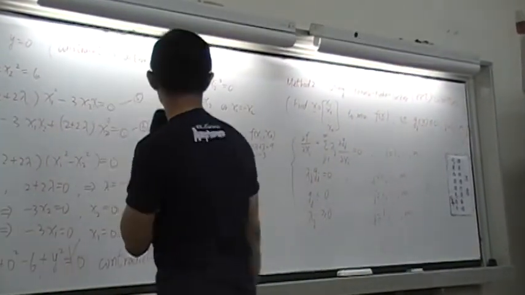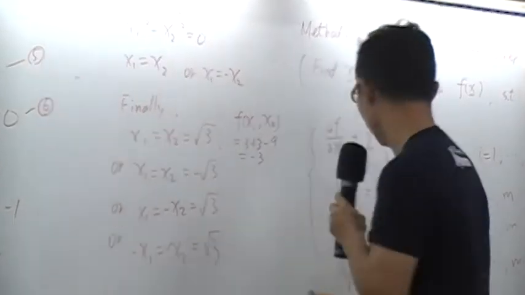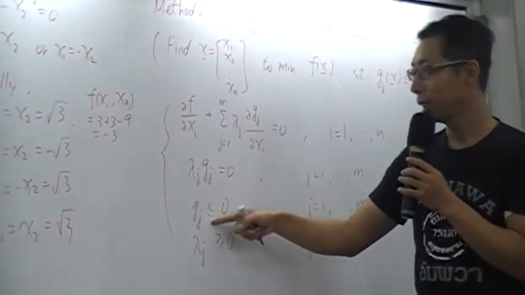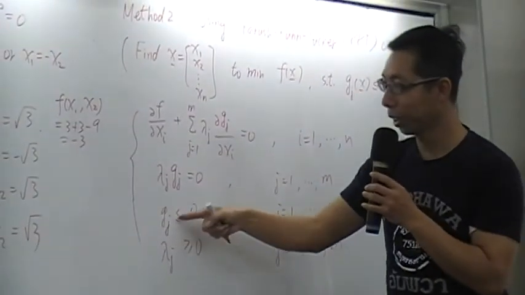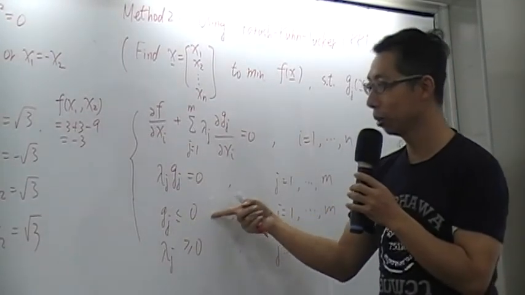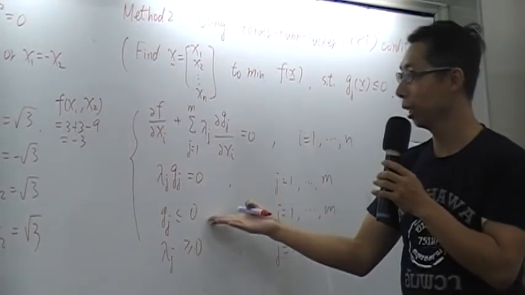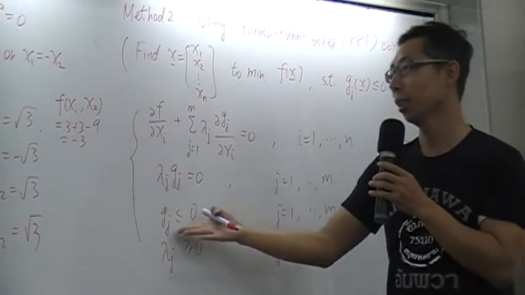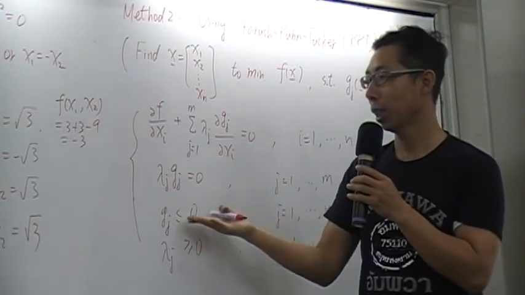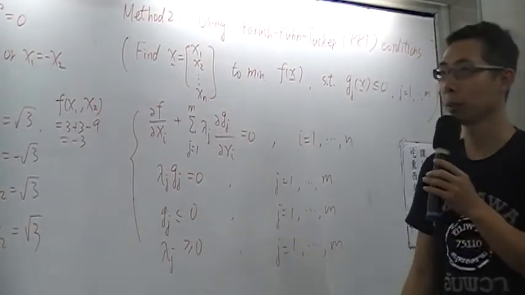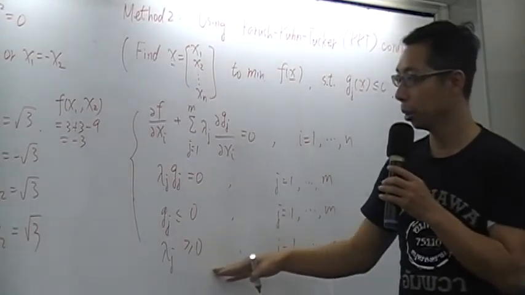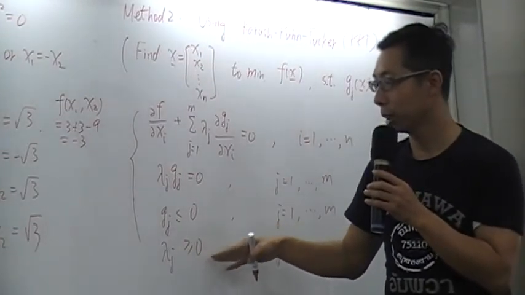Yeah. And how about this? Of course, g sub j less than or equal to 0. That's the original inequality constraint, so of course we need to satisfy the inequality constraints. And finally, lambda sub j is larger than or equal to 0.